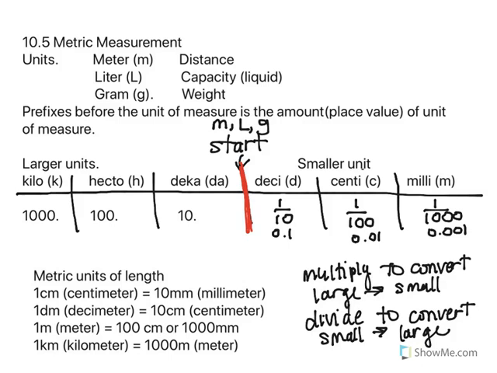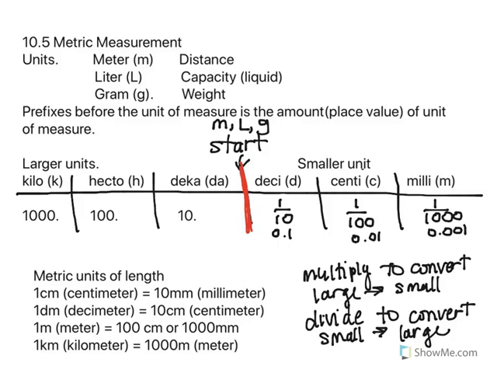The deci is 100 times greater than the milli, because it's 10 and another 10, which is 100. 1 decimeter equals 10 centimeters, because 1 decimeter is 10 times greater than a centimeter.